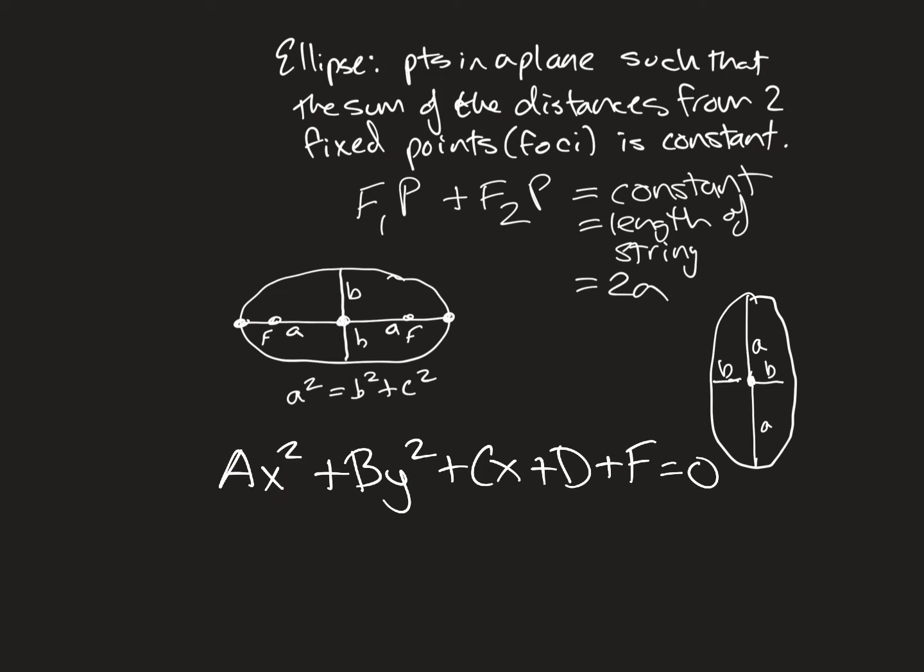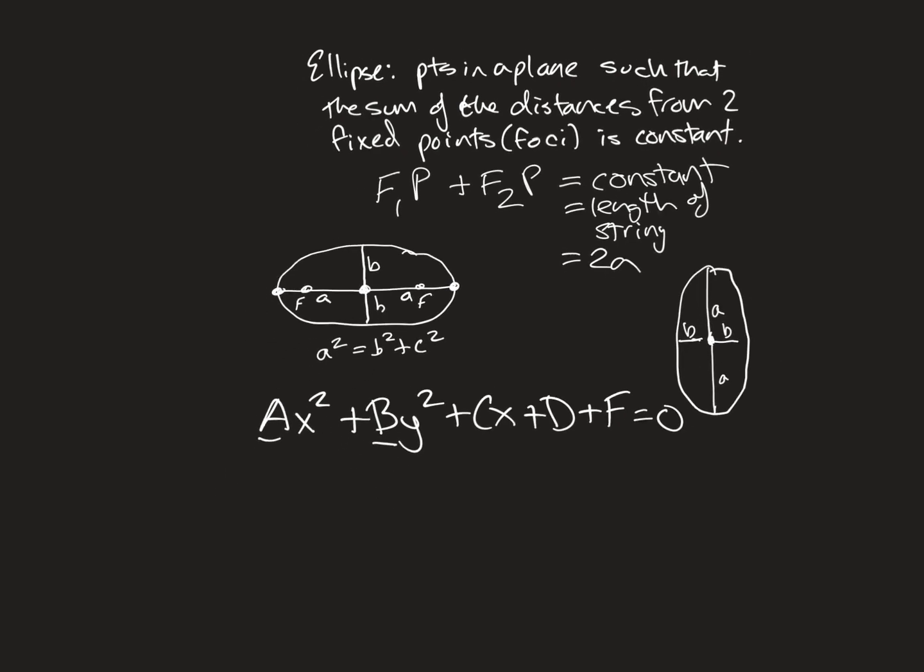Of course you need to complete the square to be sure, but a good indication is that I have two different variables that are squared, x squared and y squared, and the coefficients are different, but the same sign. Different signs will come into play when we talk about hyperbolas. If they're the same and the same sign, it's likely a circle, could be a point or no graph, but not an ellipse. But if they're different but the same sign, it's a good indicator that it's going to be an ellipse.